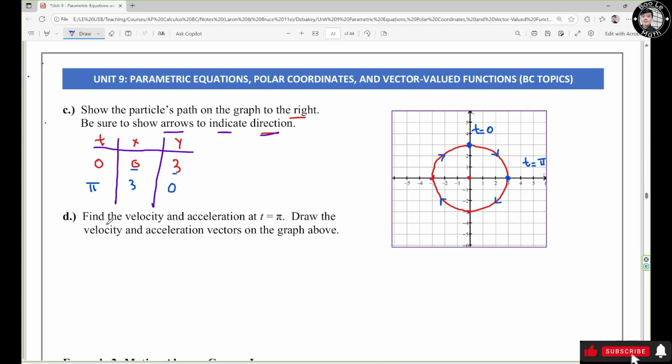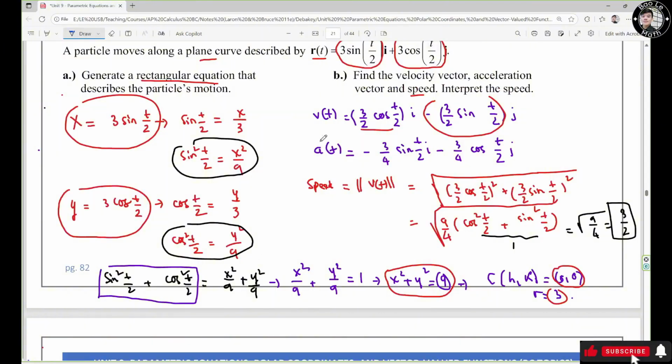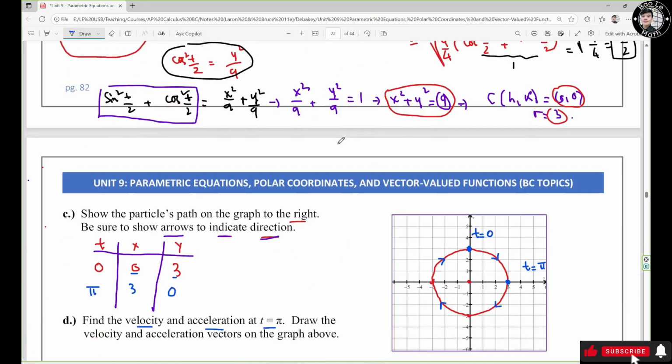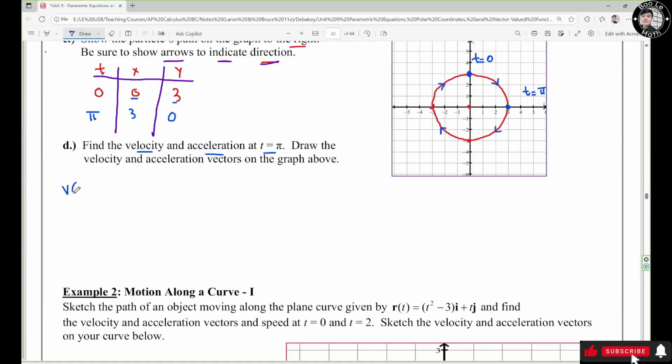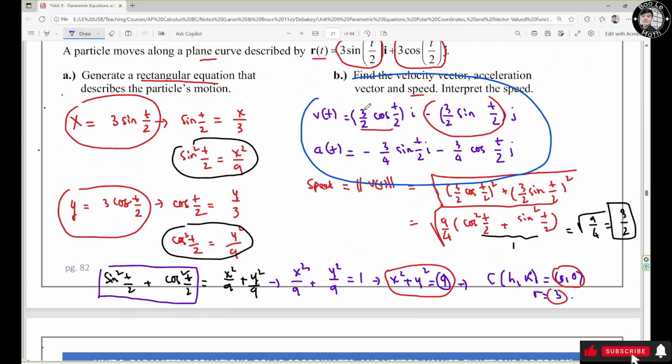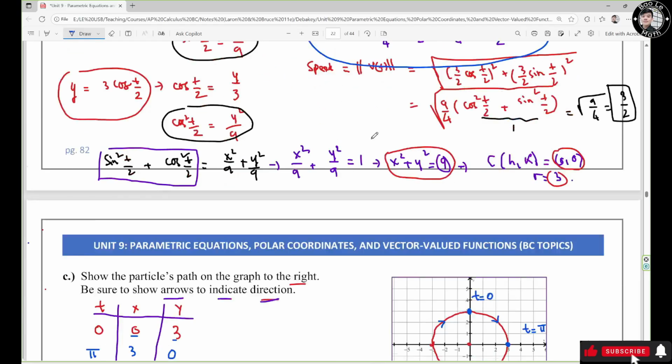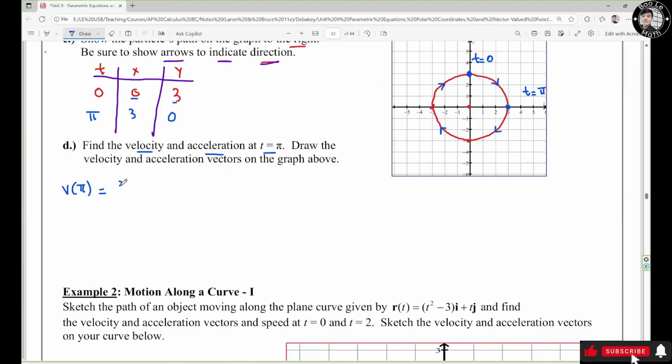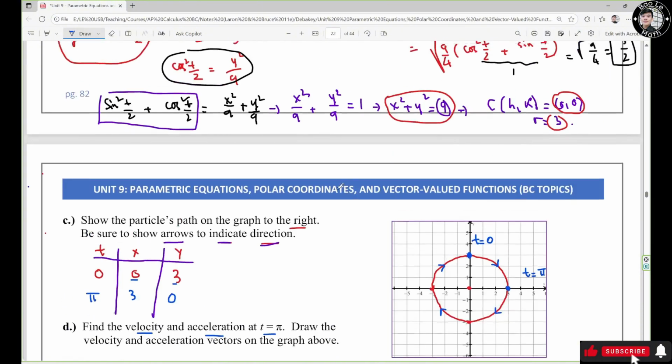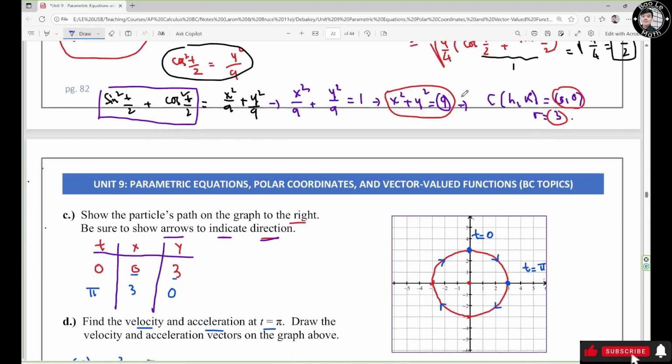Now question D. Find the velocity and acceleration at t equals pi. So t equals pi, we can use this one right here. So we have v of pi equals 3 over 2 cosine pi over 2 i minus 3 over 2 sine pi over 2 j.